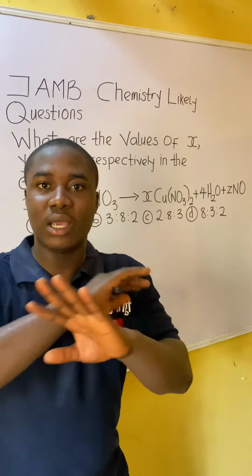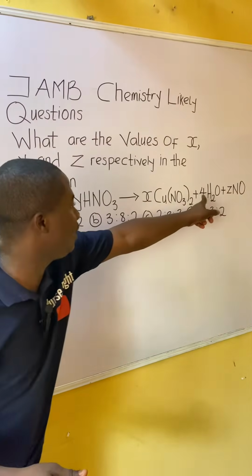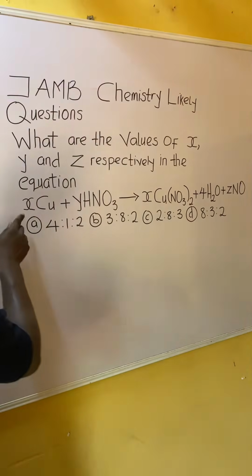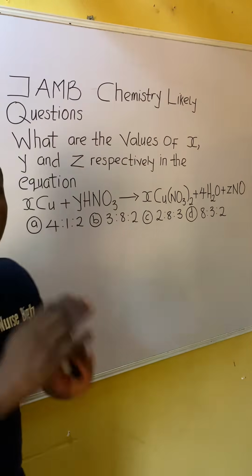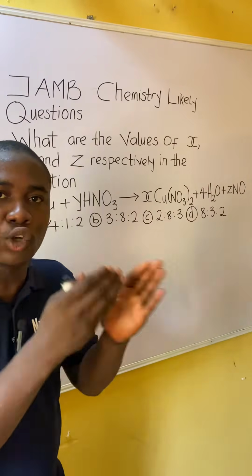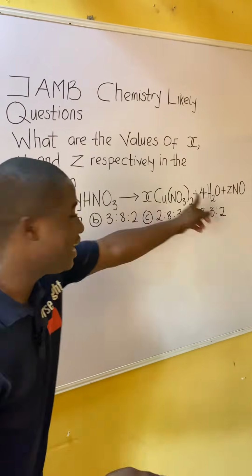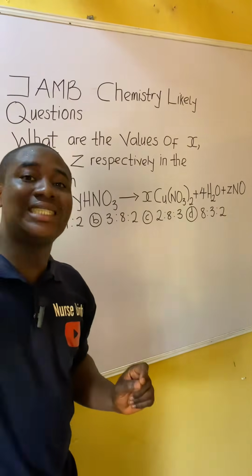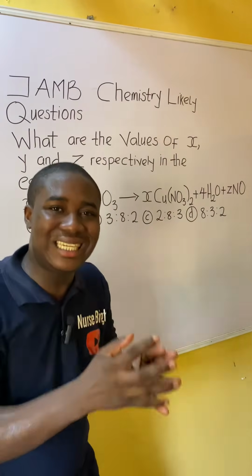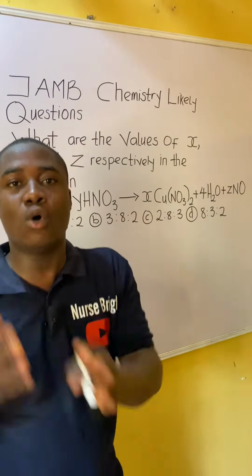How did I know? It is very easy. I believe you can see a reaction given to us, and in front of the elements and compounds in this reaction, we have letters written. That tells us that there should be a number standing in place of those letters.